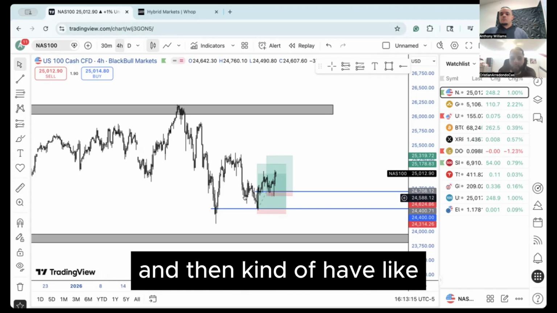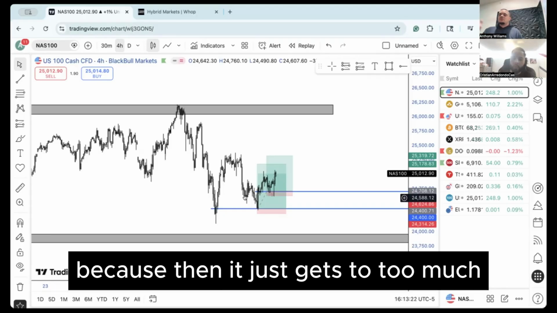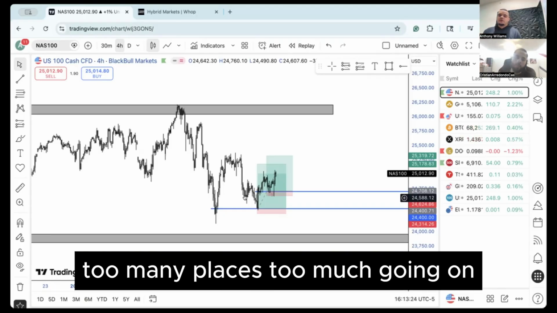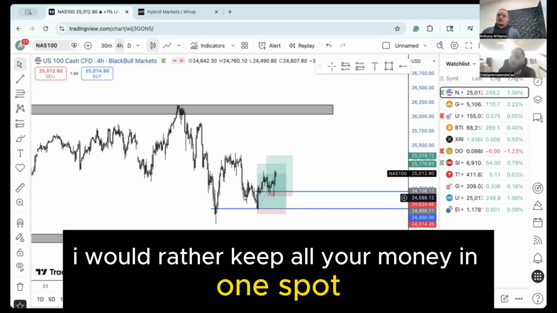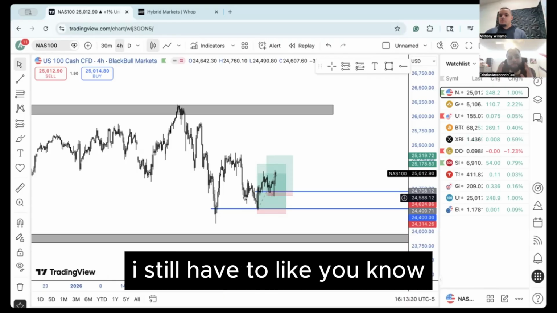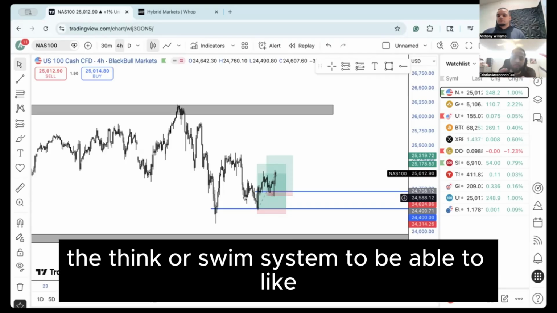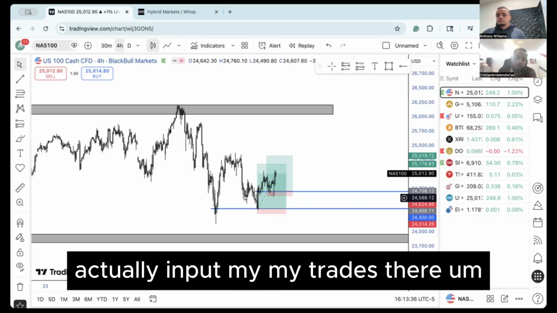Nah, stick with Thinkorswim. Don't diversify your money in too many places, because then it just gets too much going on. I would rather keep all your money in one spot. But regardless, I still have to learn the Thinkorswim system to be able to actually input my trades there as of right now.